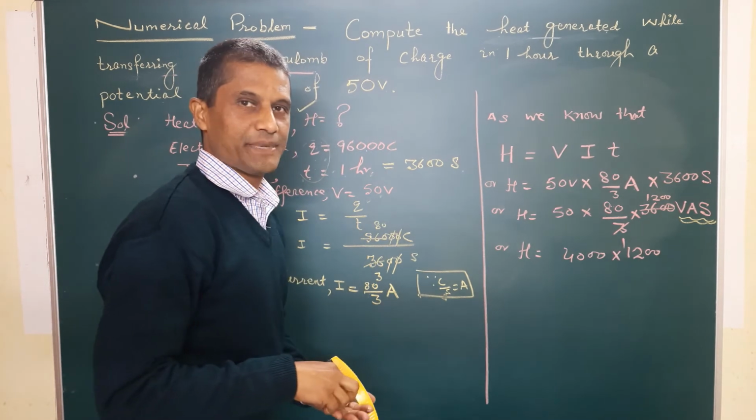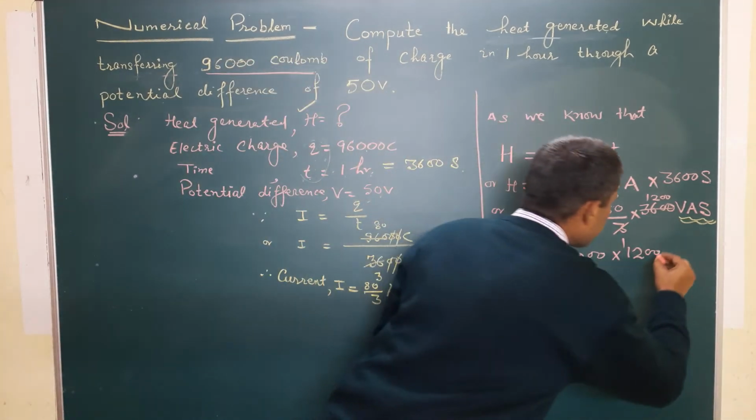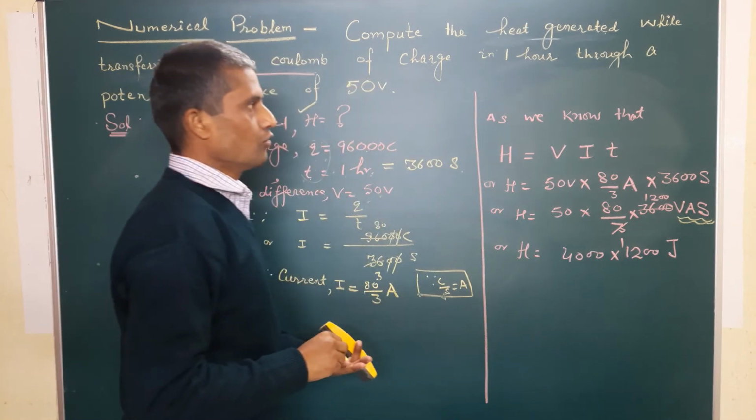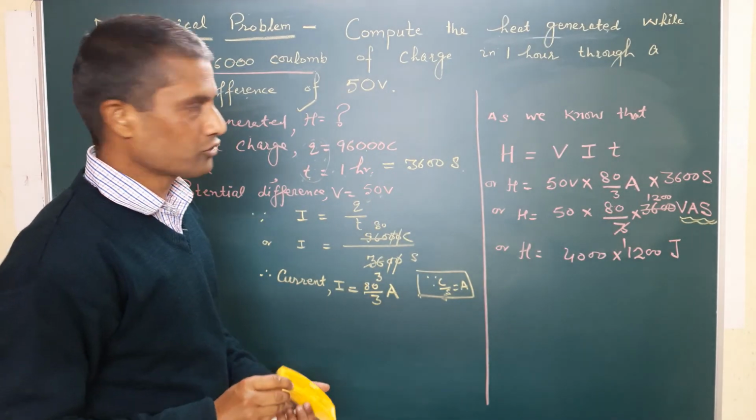The product of volt, ampere, second always turns out to be joule.